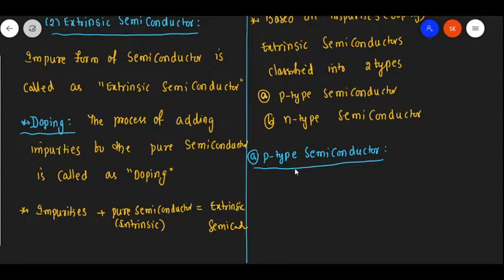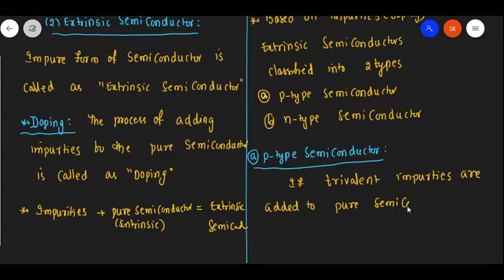What is a p-type semiconductor? If trivalent impurities are added to a pure semiconductor, then it is called a p-type semiconductor.